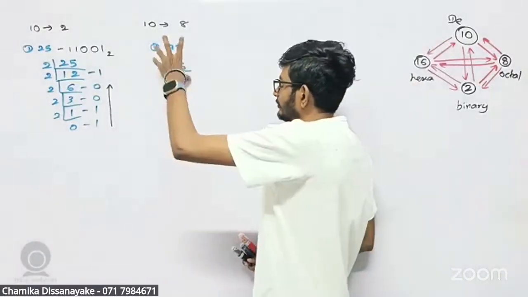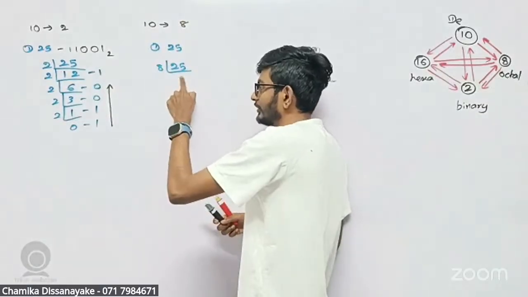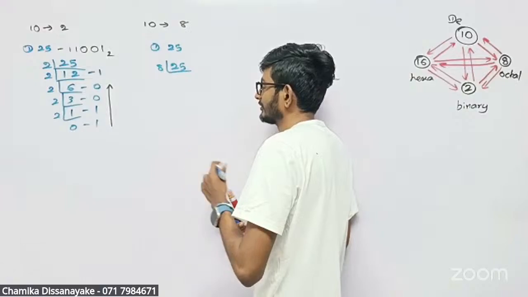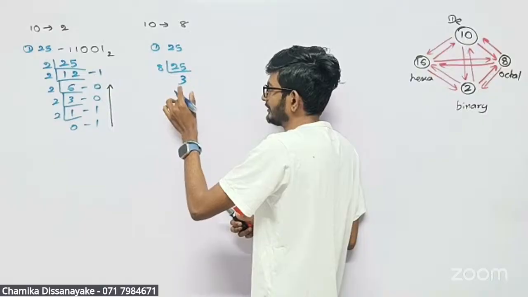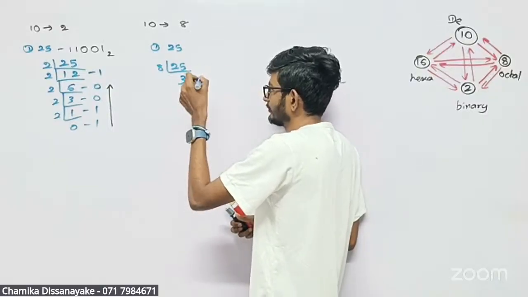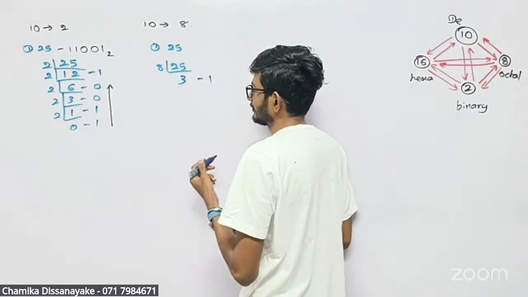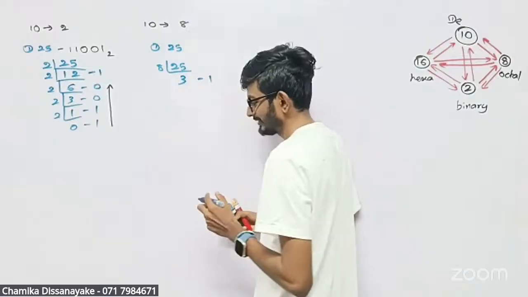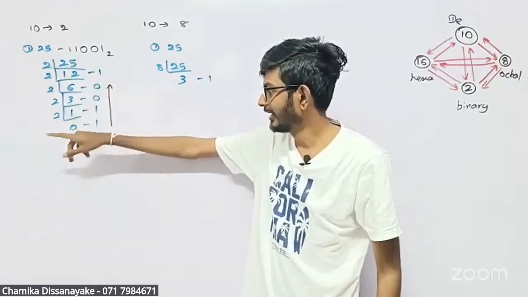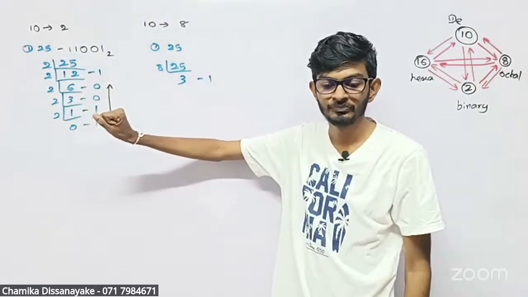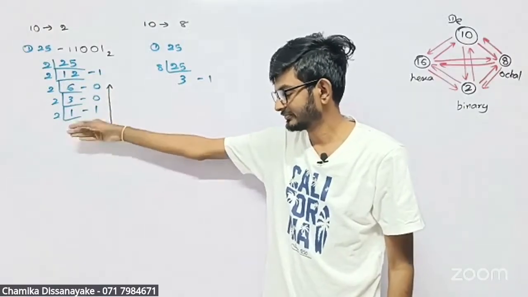So let's move to the next one, decimal to octal. As I told you, we just divide. 24 divided by 8 is 3, and we will have 0 remainder. As I told you, we have to divide the number until it becomes 0.